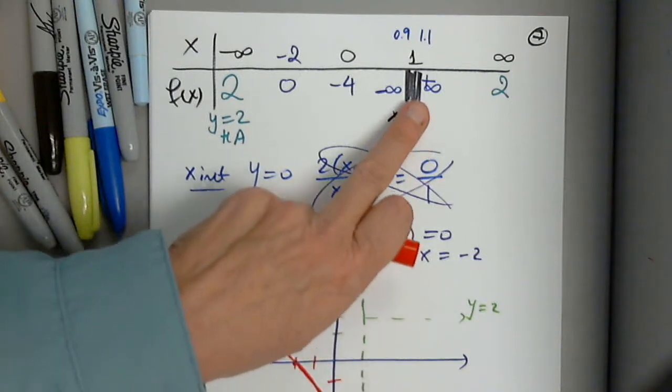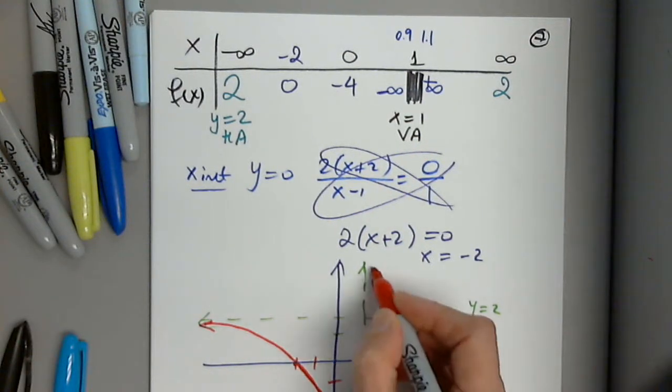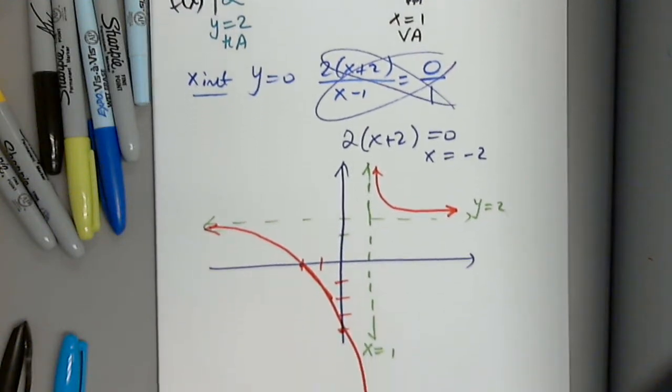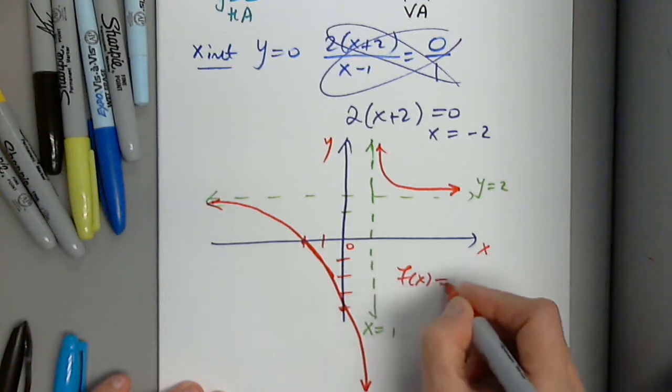Then on the other side, clear from positive infinity, approaching 2. And that's it. Now we know how to graph rational functions.